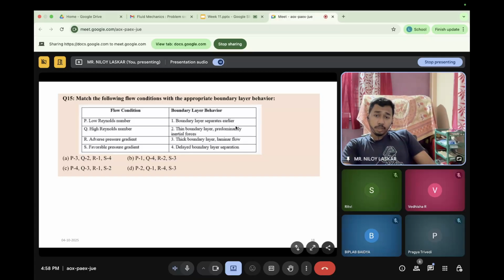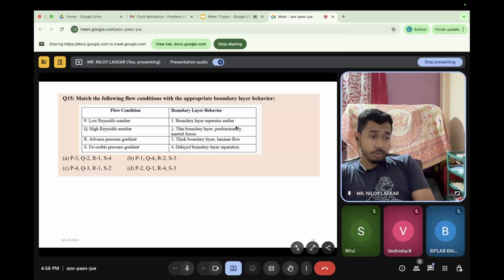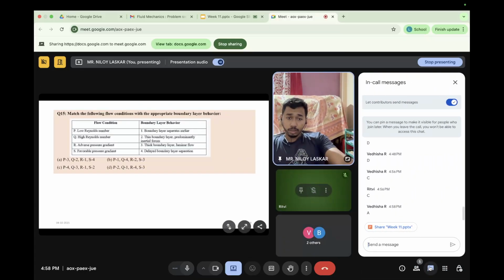So the low Reynolds number indicates what? So just remember this low Reynolds number. Reynolds number means inertial force by viscous force. So if the Reynolds number is low, that means, so just check. Yes, good.